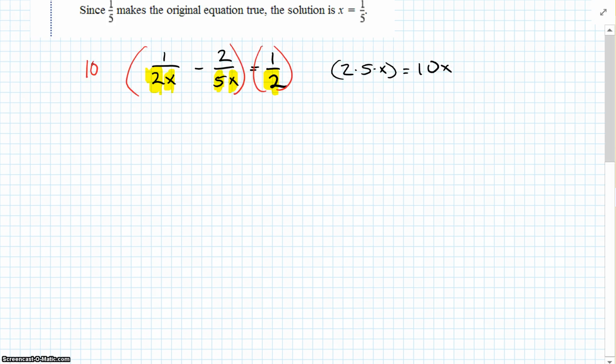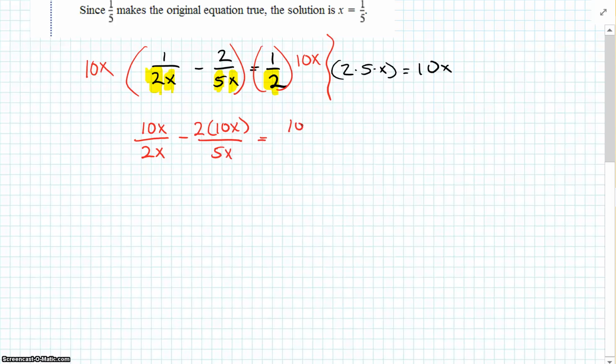So if I multiply both sides of the equation by 10x, remember by the properties of equality, I can do whatever I want to the equation as long as I do it to both sides. So let's go ahead and just rewrite it: 10x over 2x minus 2 times 10x over 5x equals 10x over 2.